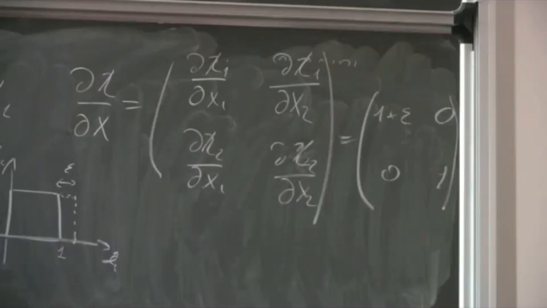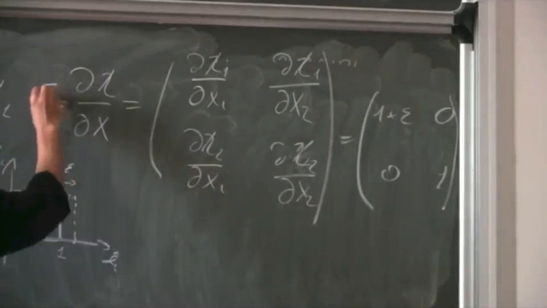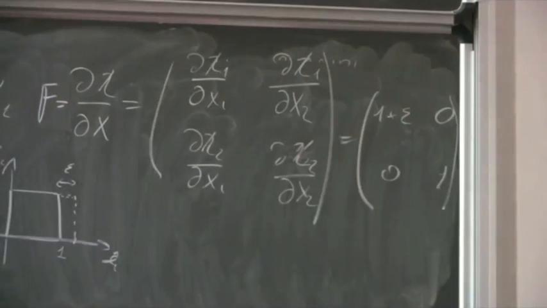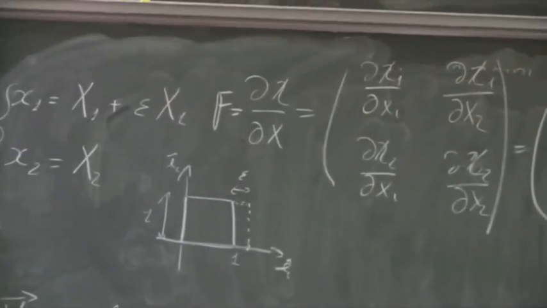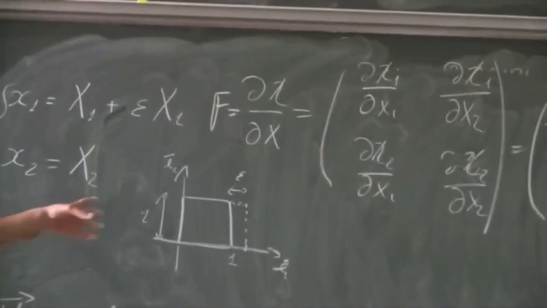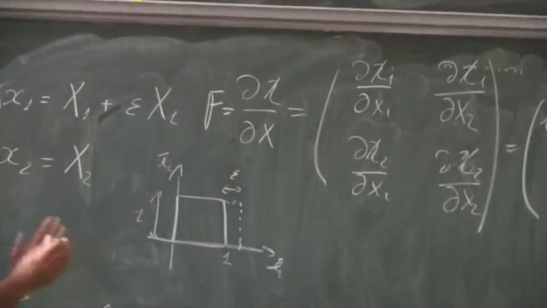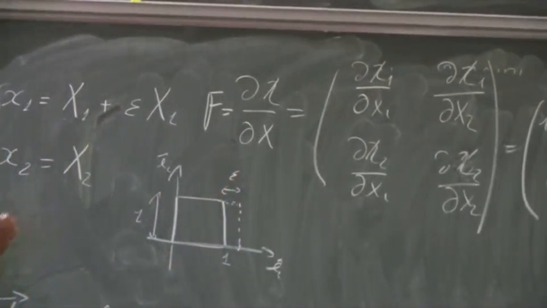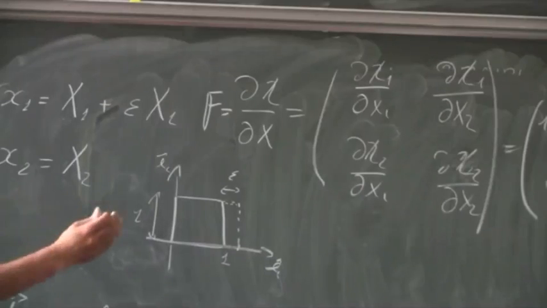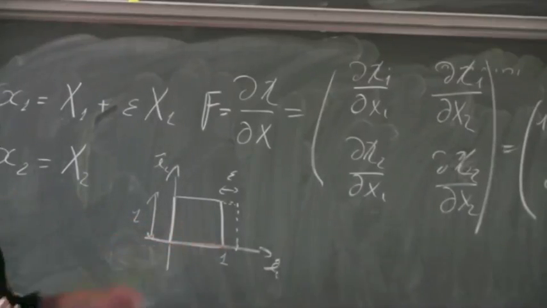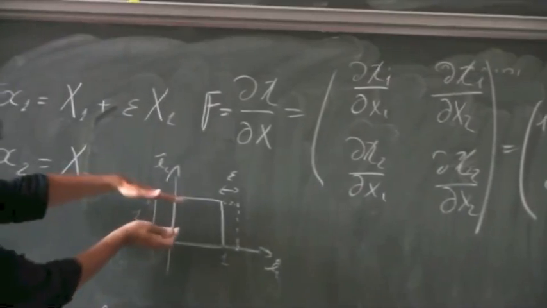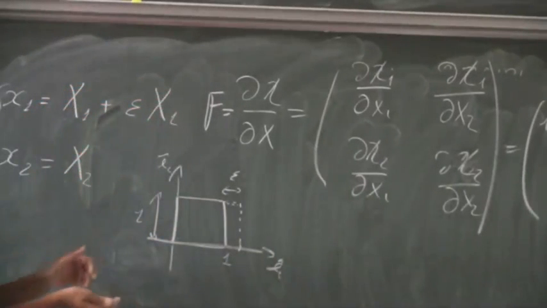I don't know the name used here, but the matrix of deformation is also sometimes called with the letter F. And this is a nice example. We will see that epsilon represents the elongation with respect to the E1 direction. The elongation with respect to the other direction will be 0.